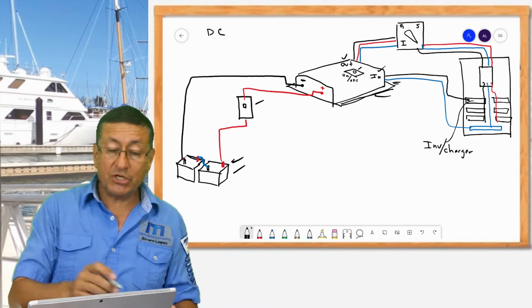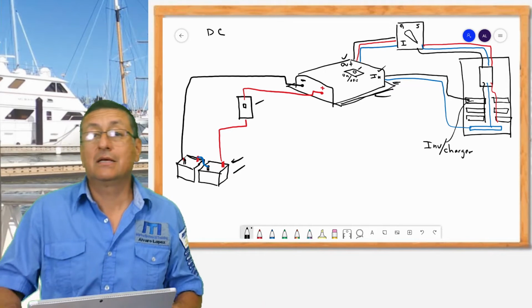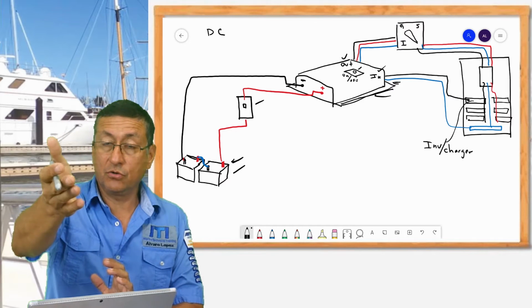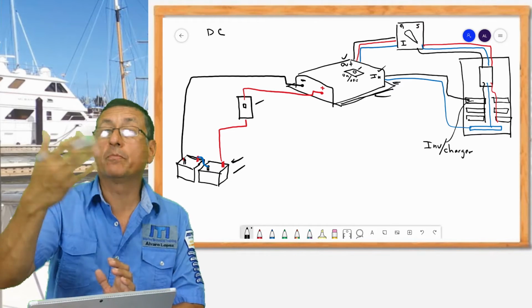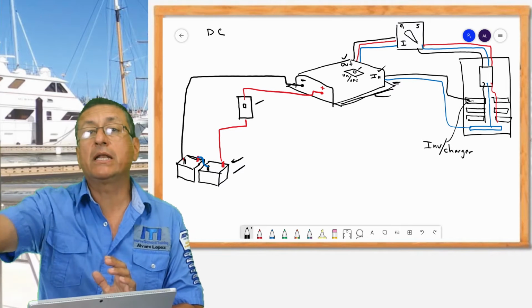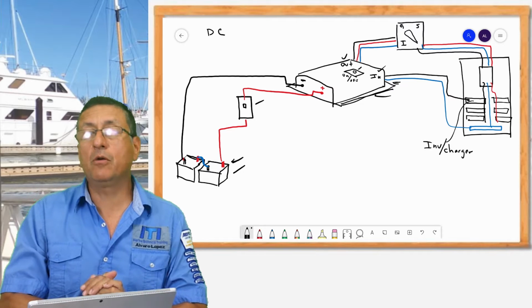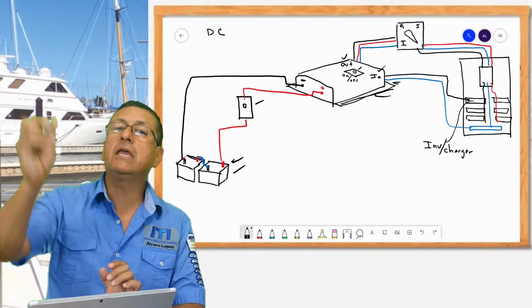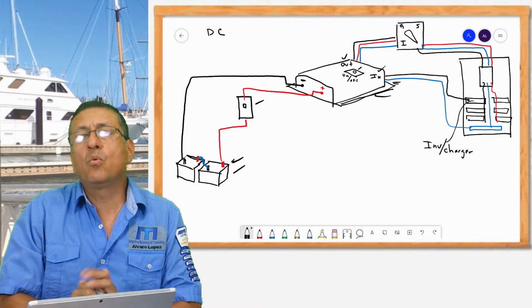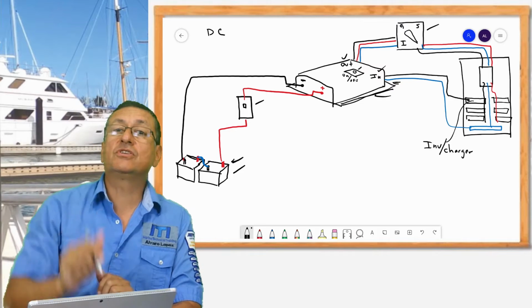Okay, we are going to check the DC side, and on the other side, the AC side, we are going to analyze in your lab with your instructor or by yourself on a boat, how is the wiring? How many breakers are connected to the output? Why is this breaker and this breaker not connected when you select inverter in the AC switch selector?